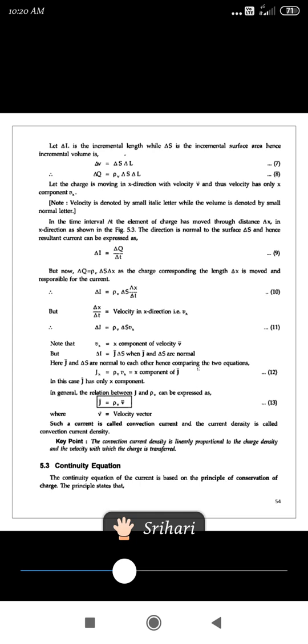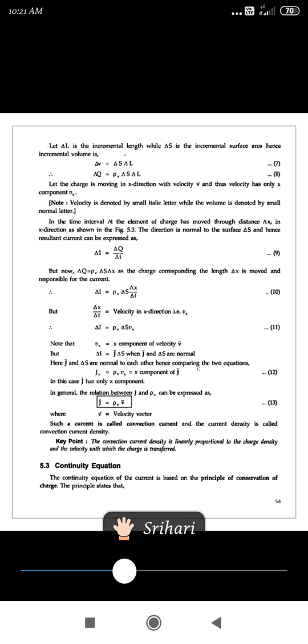But del q is rho v del S into del x, as the charge corresponding to the length dx is moved responsible for the current. So del I is equal to rho v del S del x by dt, where del x by dt is the velocity in the x direction, vx. So del I is equal to rho v del S vx.